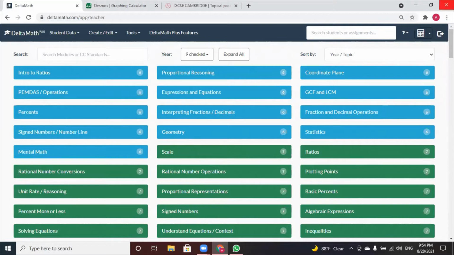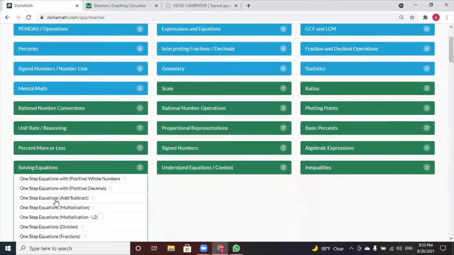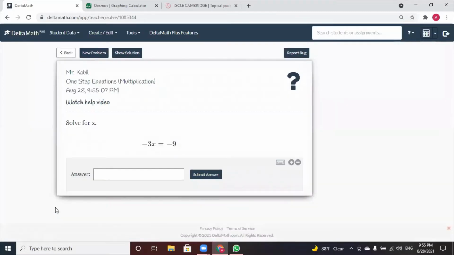So for example, this is what a student would see at their end if I assign them a question on solving equations. So here is a question that requires us to solve for x. Of course, this is pretty basic. However, it qualifies as an example even for more complex problems in higher levels.